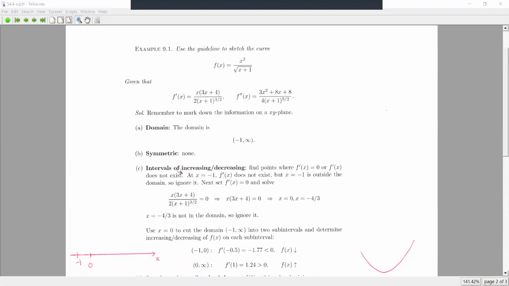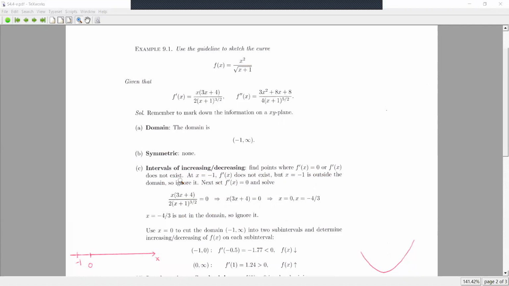Now step 3. Determine intervals of increasing, decreasing. We just learned this topic in the last section, 4.3. To find intervals of increasing, decreasing, I suggest finding points where the derivative is 0 or doesn't exist.